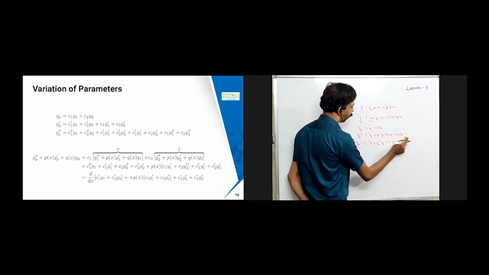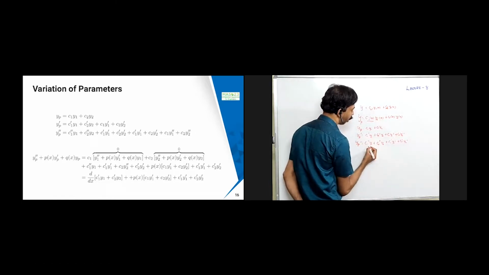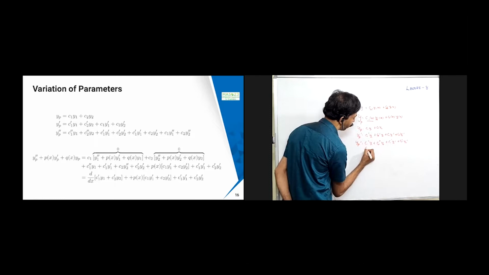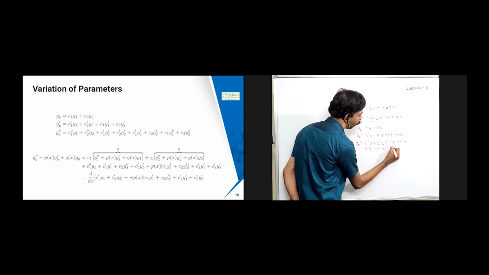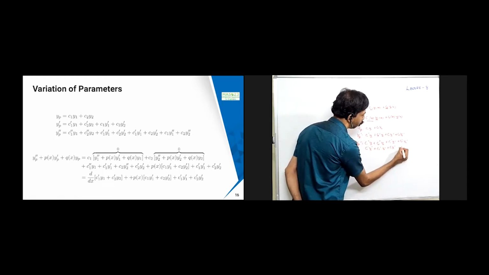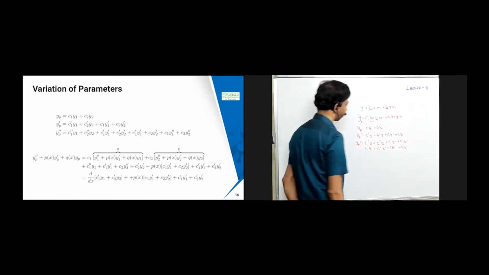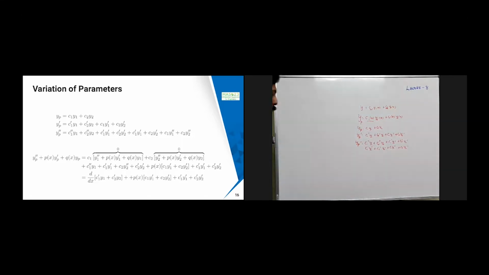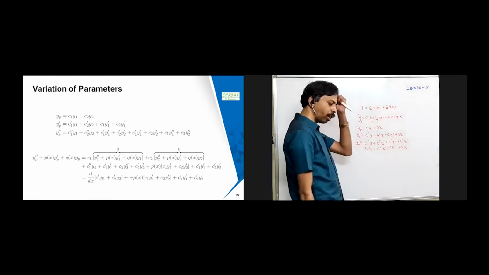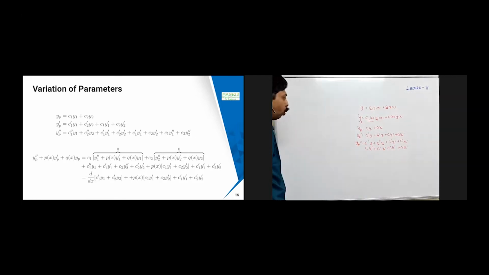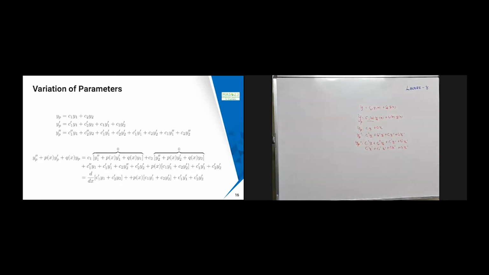Now for the second variable, this is going to become c1 dash y1 dash plus c2 dash y2 dash plus c1 y1 double dash plus c2 y2 double dash. Okay, so I can simplify this further. I could combine the middle terms into 2 c1 dash y1 dash plus c2 dash y2 dash, but I'm not going to do that because I will use it for a different thing.